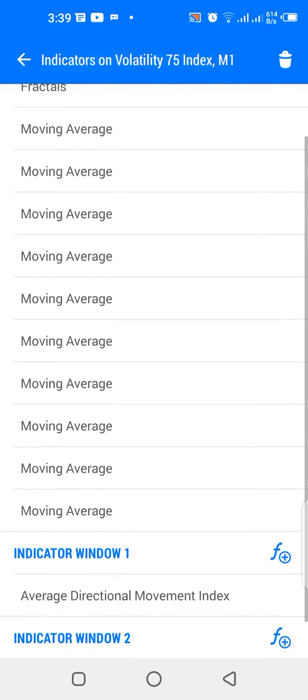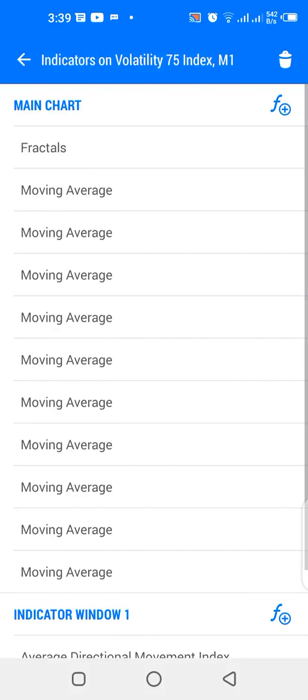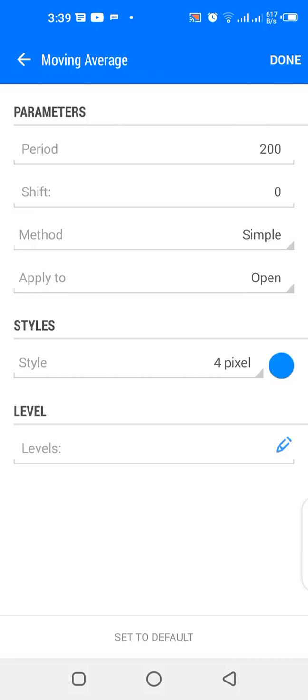Now the fifth moving average is a 200 simple moving average applied to close, and the color is blue. The sixth is also a 200 simple moving average, this time applied to open, still blue.